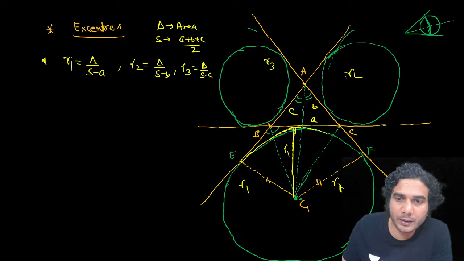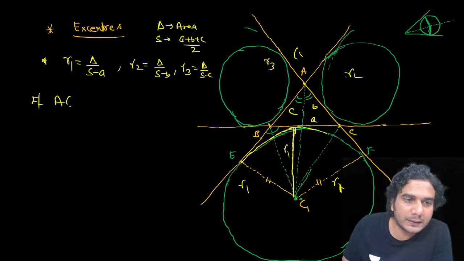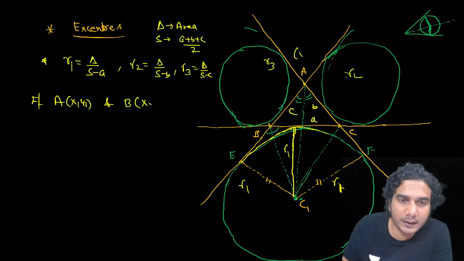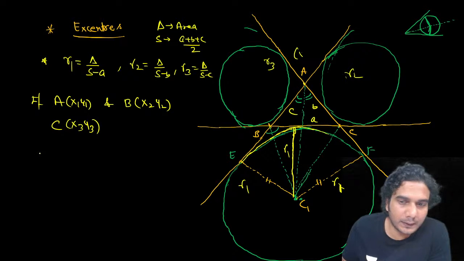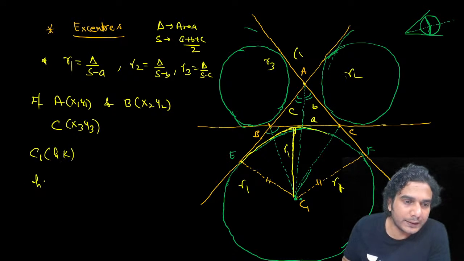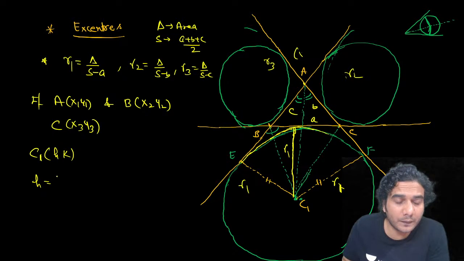Now another important point is that if vertex A is x1, y1, vertex B has coordinates x2, y2, and the coordinates of vertex C are x3, y3, then the excenter, let's say C1, the excenter of circle C1, which is, let's say, h comma k. Okay, h comma k, then h is going to be, it is very similar to the formula of the incenter.